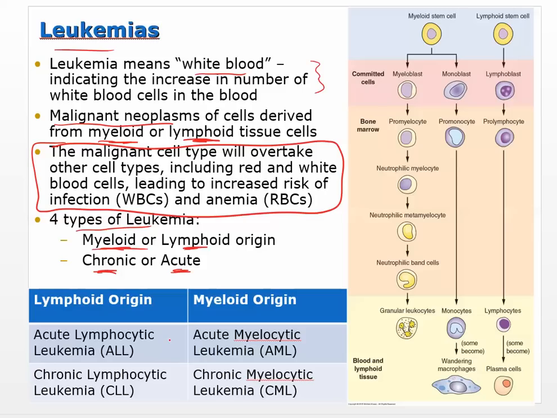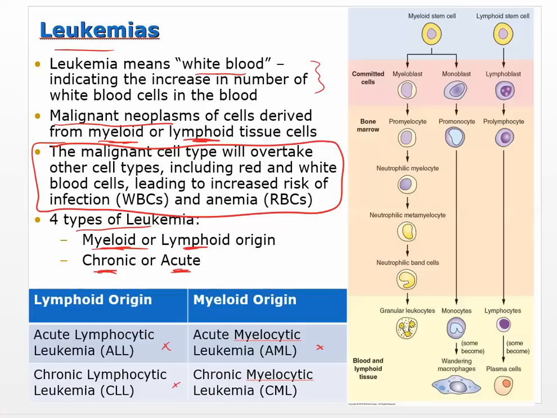Like there's hairy cell type, and that's only because the cancer cell looks like it has little hairs on it. So there are a lot of different subcategories within these, but all different leukemias will fall into one of these four categories.